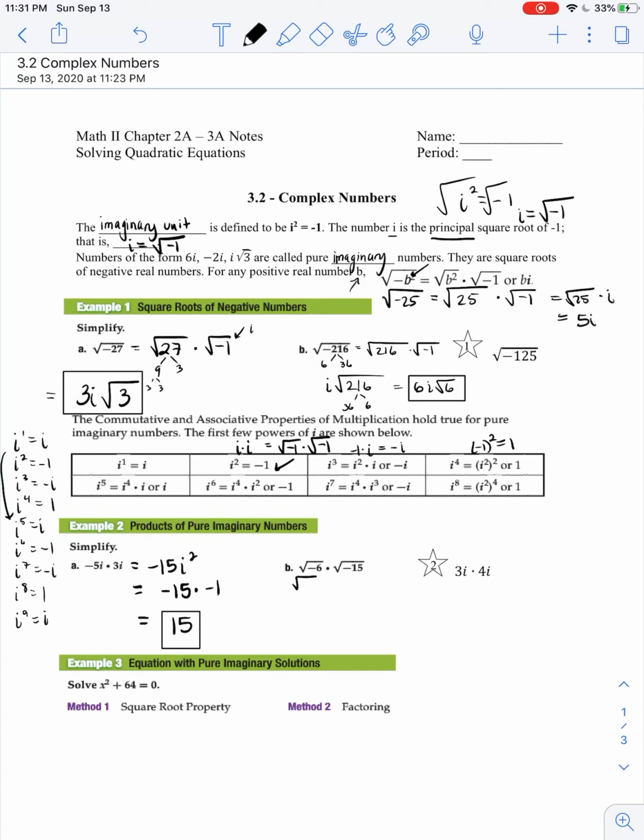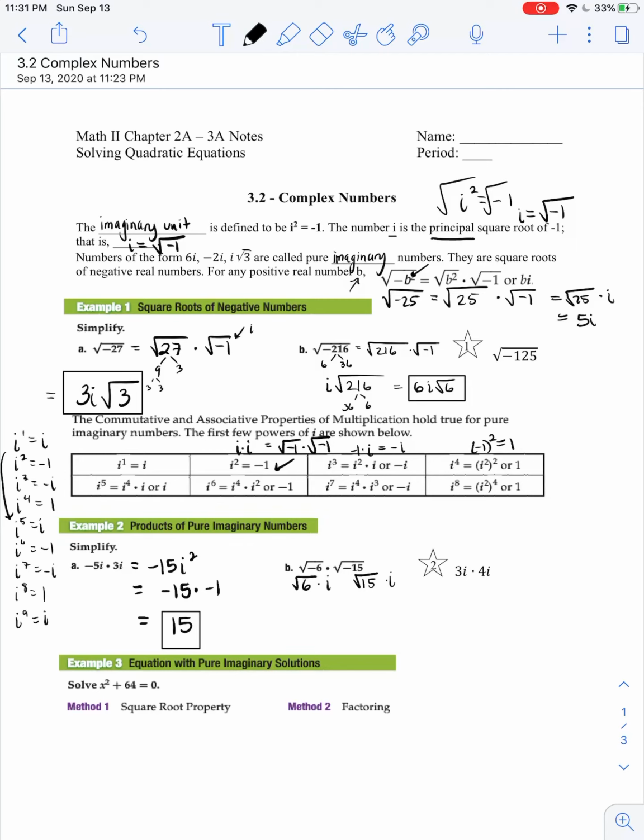So here we have the square root of negative 6, that's square root of 6 times square root of negative 1, or I'm just going to start writing i to represent that. I'm not going to keep writing square root of negative 1 each time. And then this is the square root of 15 times i.